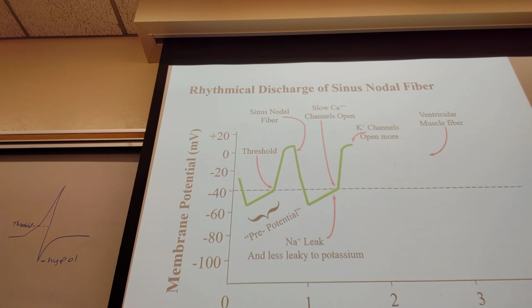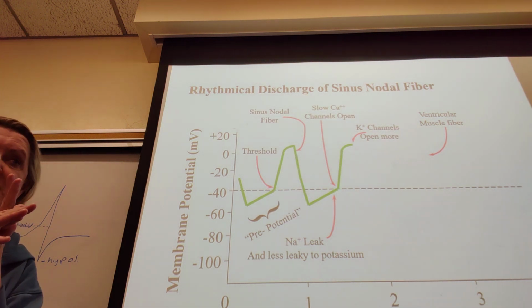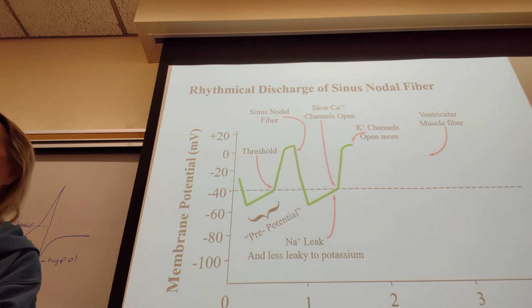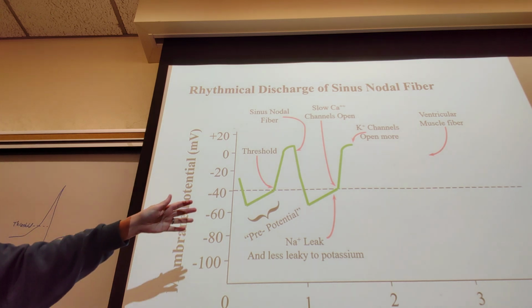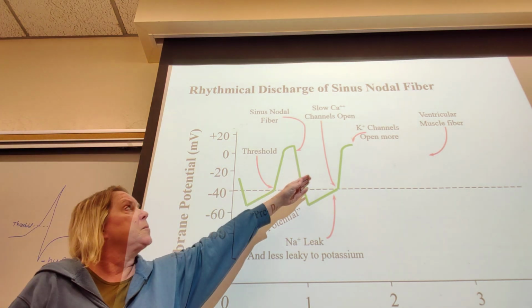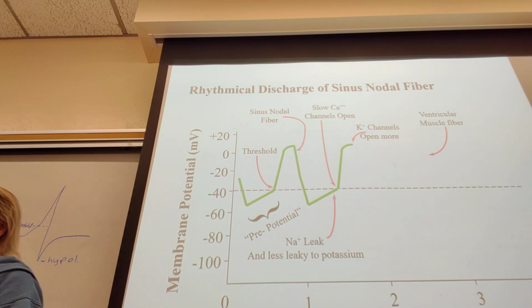Now the upstroke is different than what we saw in a neuron. The upstroke is actually from calcium channels opening. Calcium was never actively part of the action potential profile for neurons nor for skeletal muscle. It was not. And here we have the upstroke being caused by calcium channels opening.